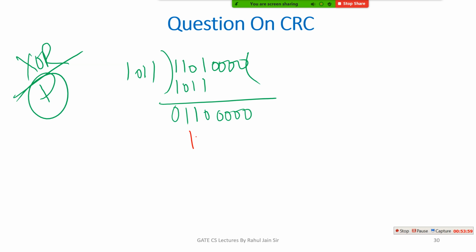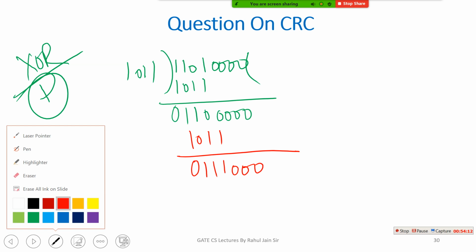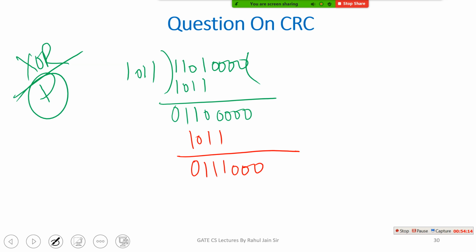Again apply the XOR operation, guys. With 1011: 1 XOR 1 is 0, 1 XOR 0 is 1, 0 XOR 1 is 1, 1 XOR 1 is 0, and copy all the remaining string as it is.